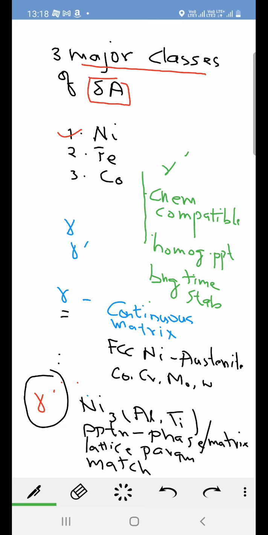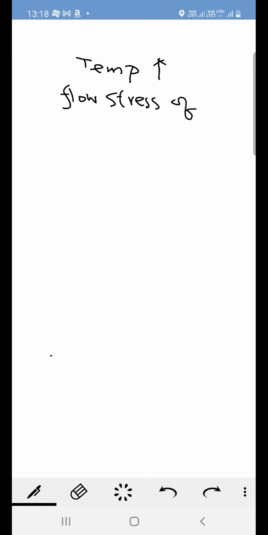Now, coming to its performance at temperature, it has been observed that if we increase the temperature, then the flow stress of gamma prime also increases.